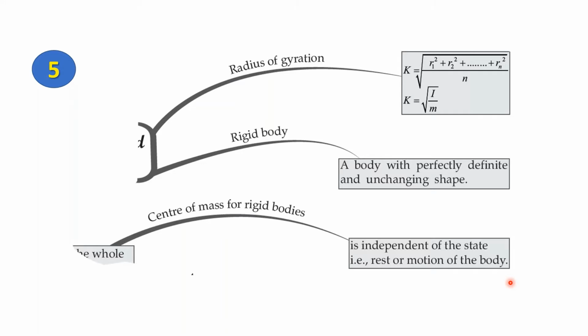Now, all this talk about rigid bodies will keep you wondering, what is a rigid body? Well, as you can see here, a rigid body is a body with perfectly definite and unchanging shape. So a rigid body undergoes inelastic collision. Hark back to work energy and power.